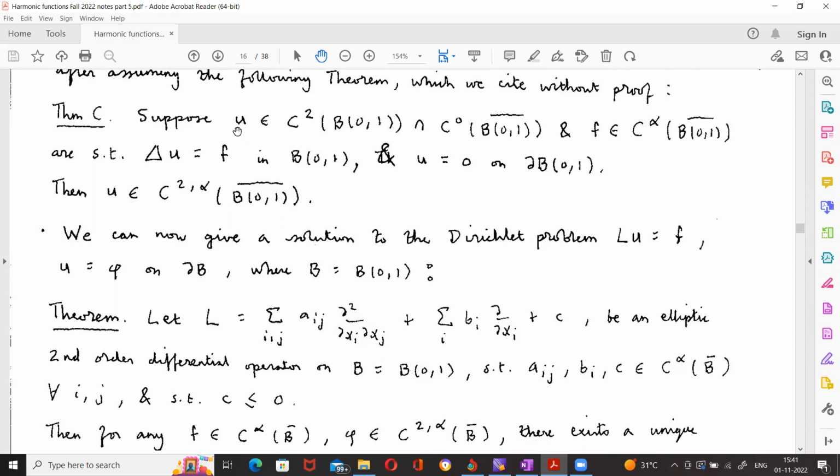Suppose U is in C2 of the ball and C0 on the closure, and suppose F is alpha Holder on the whole ball, so not just locally Holder continuous, but globally Holder continuous. And suppose Laplacian U is F and U is 0 on the boundary of the ball. Then U is in C2 alpha of the closed ball.